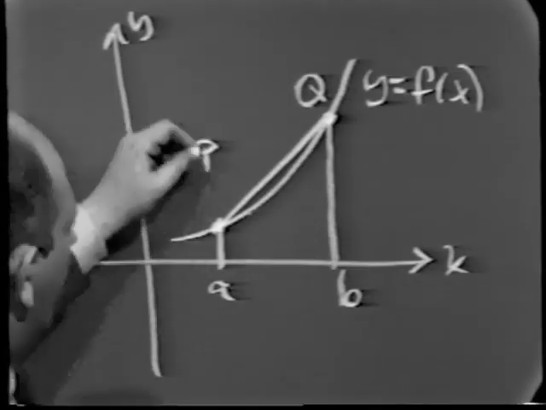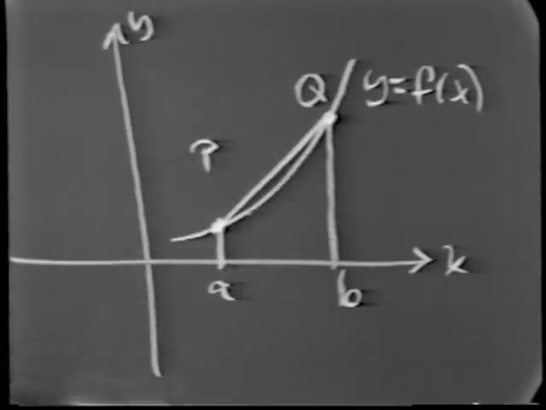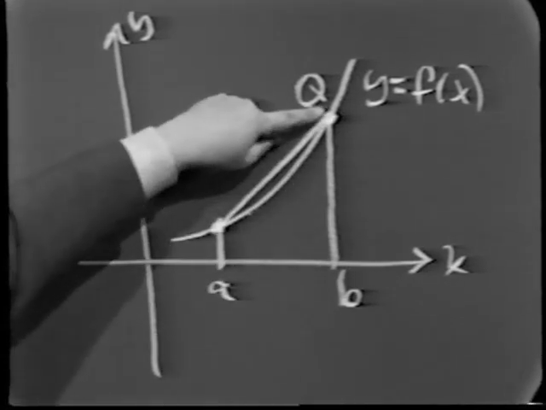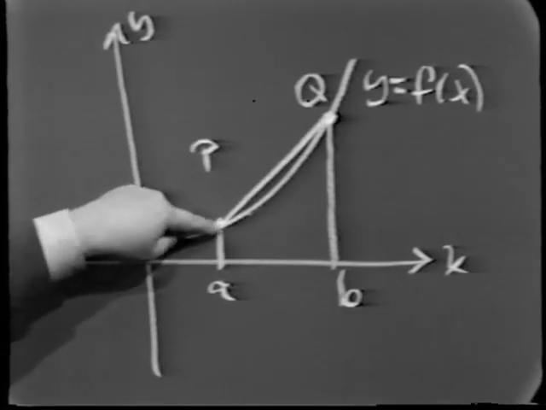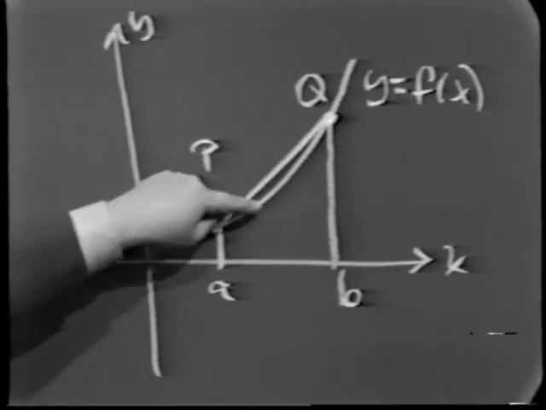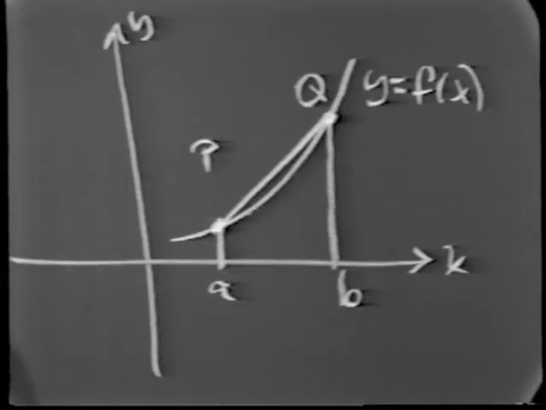If we were to take the line PQ and shift it parallel to itself, I think you can sense that the points P and Q, if we label P and Q the points at which this chord intersects the curve, will roll in closer and closer together.